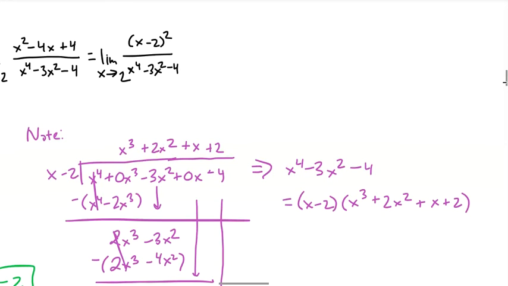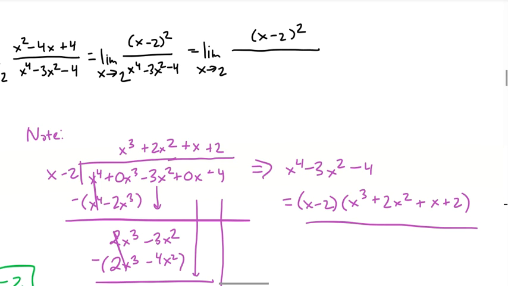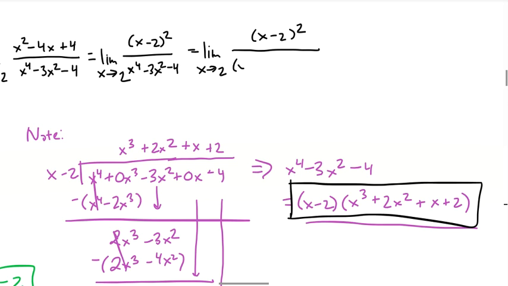So now I can write my denominator in this way because that's what we found out when we did our long division. So I'm going to have the limit as x goes to 2 of x minus 2 whole squared divided by this whole thing, which will be x minus 2 times x cubed plus 2x squared plus x plus 2.